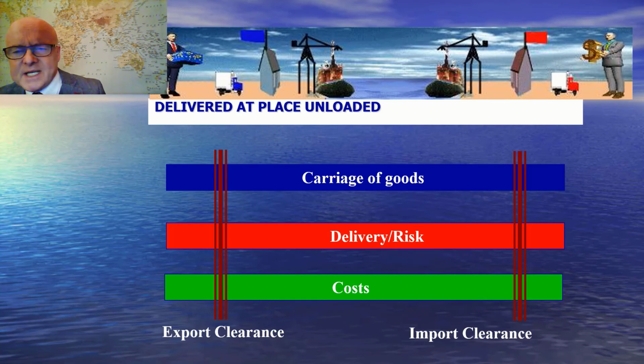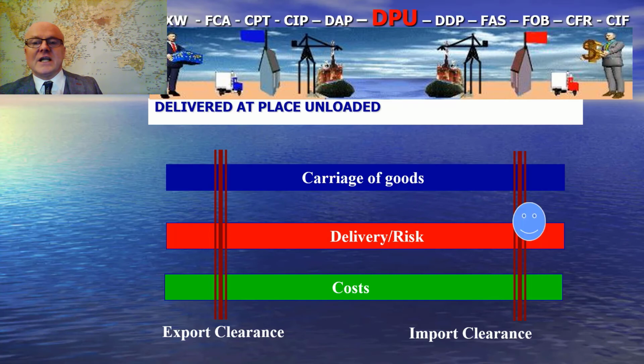Well, under DPU, delivered at place unloaded, for example, I could be shipping to you or transporting goods to you, Tashkent, Uzbekistan. So it could be DPU, Tashkent International Airport, Incoterms 2020. So as the seller, I'm responsible for the carriage of the goods to Tashkent International Airport.